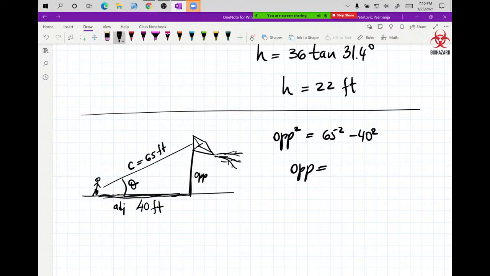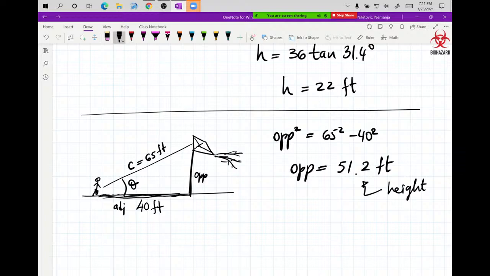So let's take a look. 65 squared minus 40 squared is equal to 2,625, and then the square root of that answer gives me that this kite is 51.2 feet up in the sky. That's how high it is. Okay, fine. So that's the height.